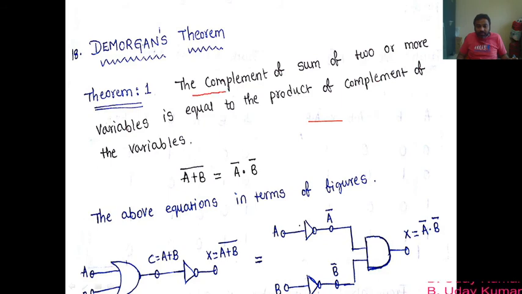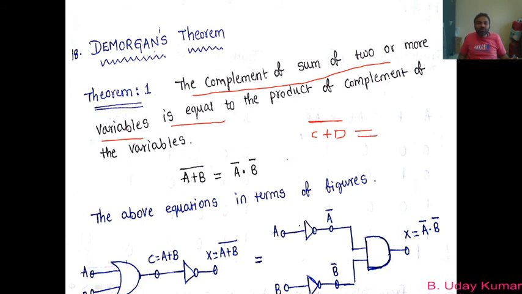So please check it out. I am writing this statement of De Morgan's theorem mathematically. The complement means bar. So the complement of sum of two variables. What are those two variables I have taken? C and D. Is equal to. Equal to means in between you get equal to.